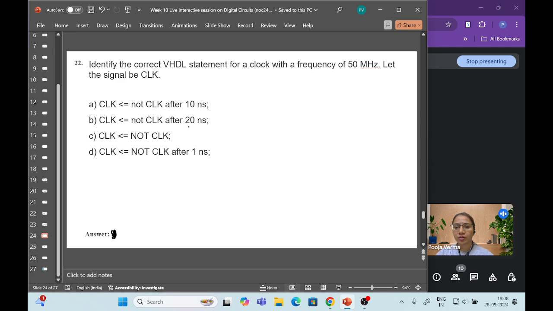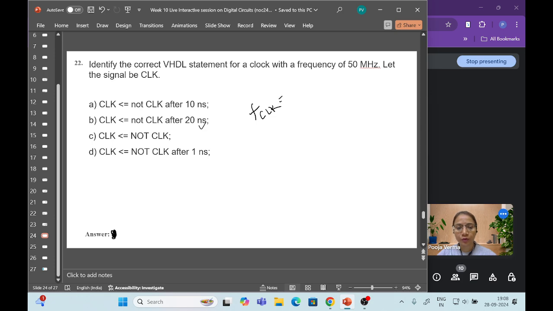Option B is not clock after 20 nanosecond. And option C or D is not clock after 1 nanosecond. So which one is correct?